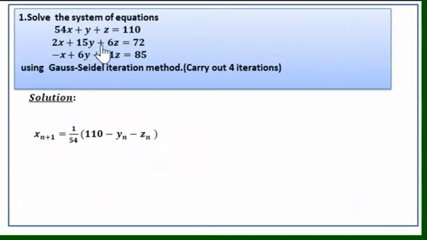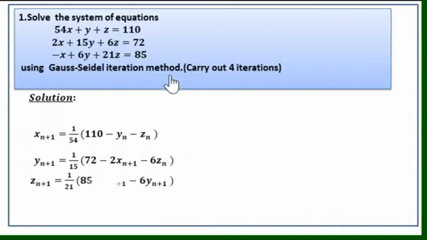Next we solve for y from the second equation. So y(n+1) equal to 1 by 15 into (72 minus 2 x(n+1) minus 6 zn). Then from the third equation, z(n+1) equal to 1 by 21 into (85 plus x(n+1) minus 6 y(n+1)).